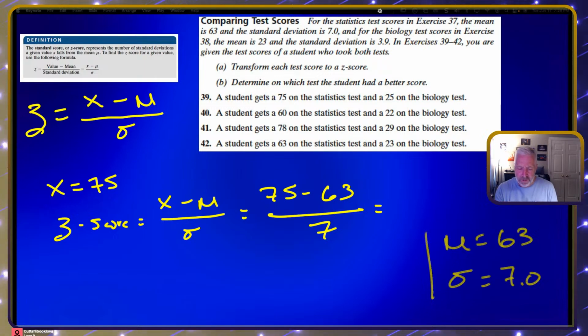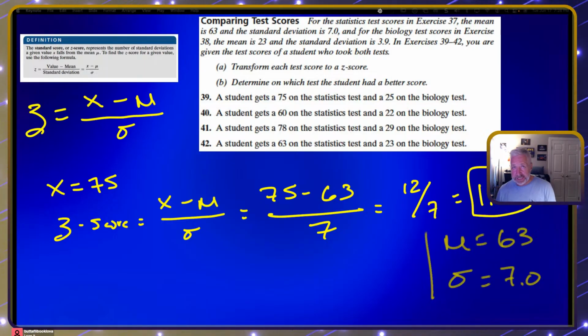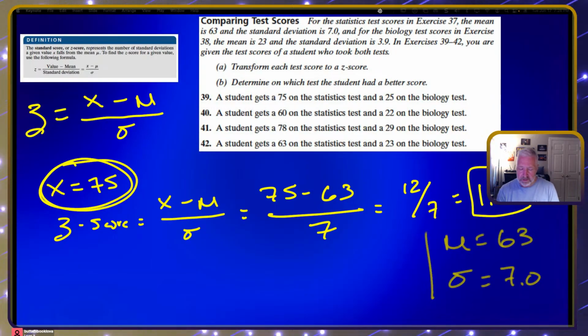Then it is 12. I was right the first time. Shouldn't have second-guessed myself. So 12 divided by 7. Well, 7 goes into 12 one time. We'll round that to 2 places. We got 1.71. So that's your z-score. That's how many standard deviations away from the mean this test score is.